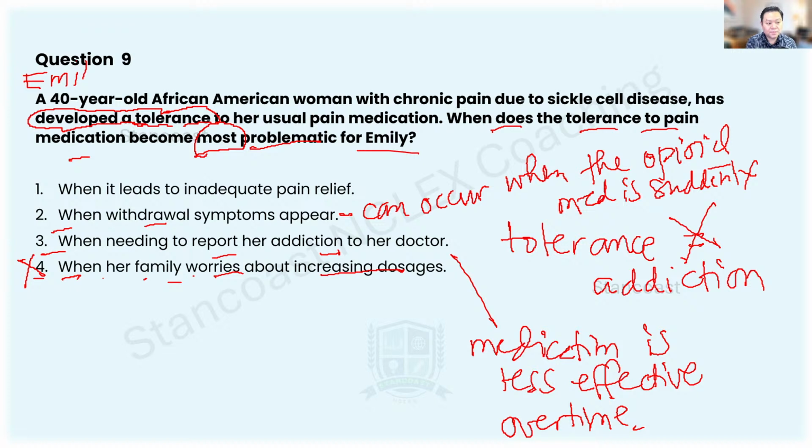It's not because of the tolerance. So we're going to eliminate that one. So we are with number one, right? We don't have any other choice: when it leads to inadequate pain relief. Like I have said, the tolerance can develop over time and the medication will no longer be effective. So definitely this is going to be the most problematic scenario for this patient.